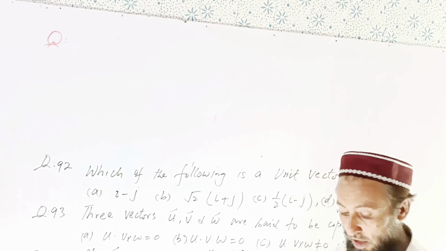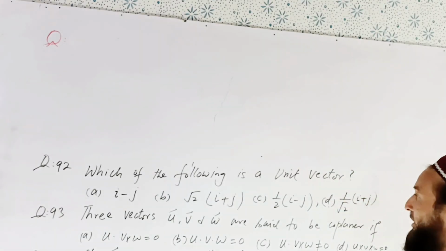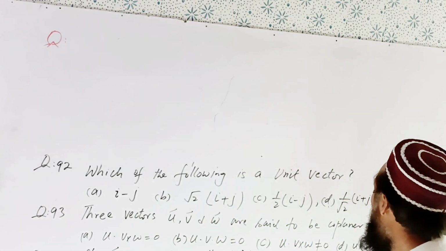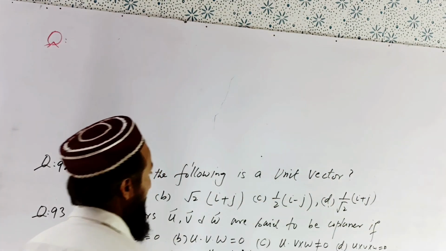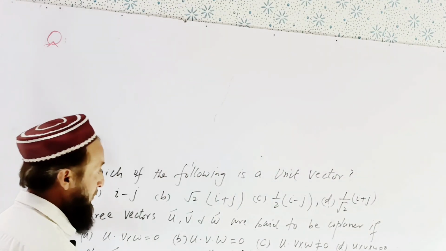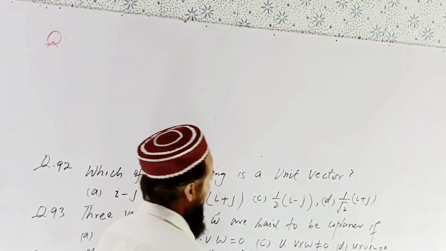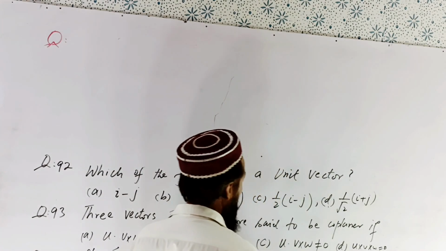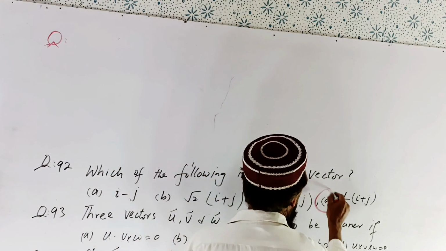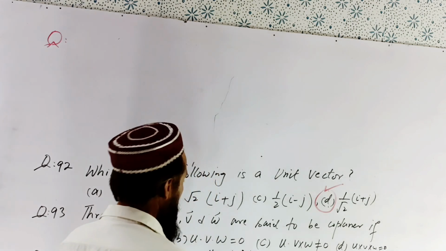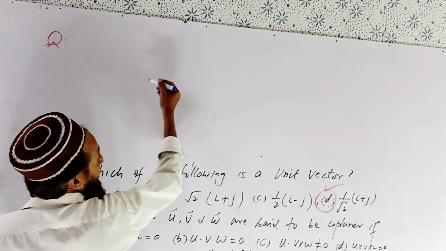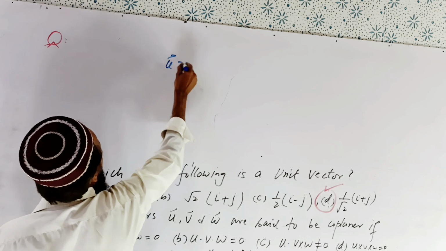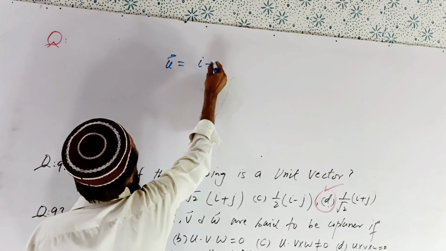Magnitude is 1. If we check the options, answer D has magnitude 1. So D is the correct answer, because if we check, its magnitude is 1. Look here, consider u is equal to i plus j.